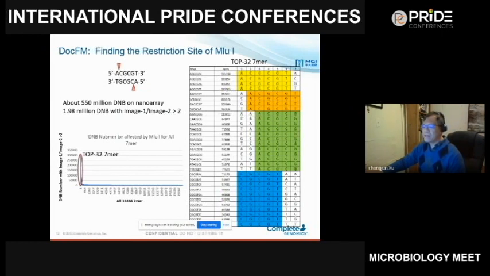Then we divide the latter one into submembers. So basically, this is the submember frequency. For example, 32 submembers have a very high frequency among these 1.92 million DNBs. If we sort all the submembers, you can see the pattern like that.